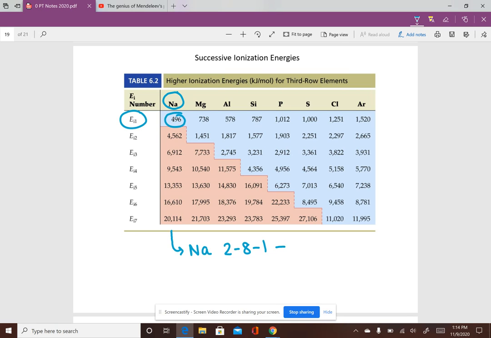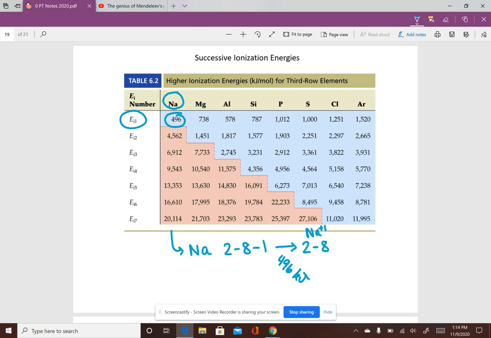That means if I want to remove that valence electron and turn sodium into 2-8, it's going to take 496 kilojoules of energy to do that. So that's how much energy it would take to turn sodium into sodium plus 1.